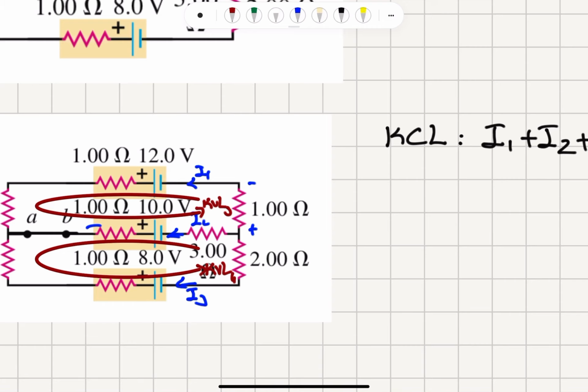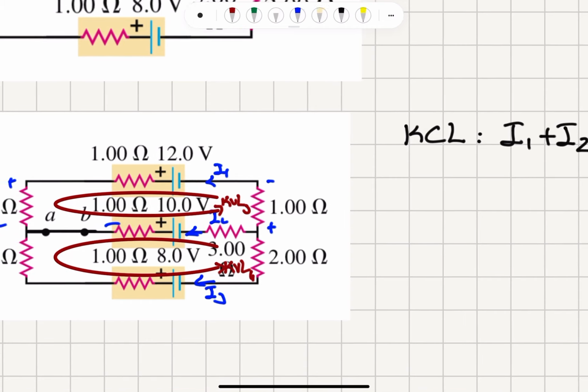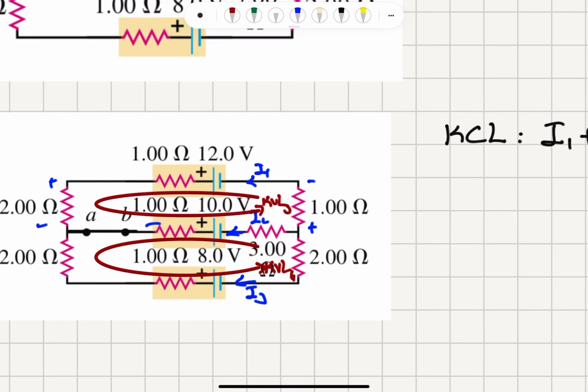There is a minus 12 volts, plus minus 1 ohm, so it's going to be 1 times I1, plus minus here again. So there's a minus here. And then when I go to this branch, because I2 is assumed to flow in this direction, there is a minus I2 and plus 10 volts. And once again, I'm going to have a minus 3I2, because this is 3 ohms.